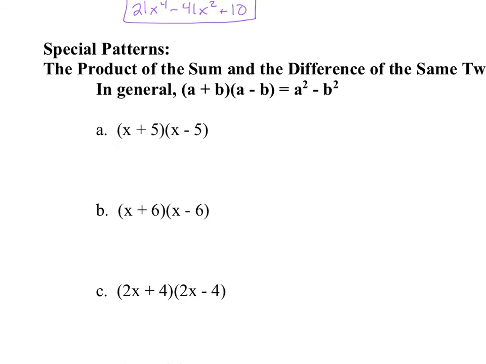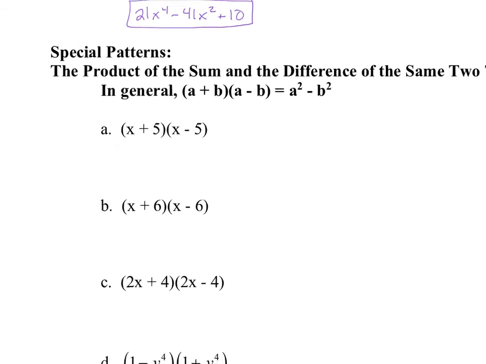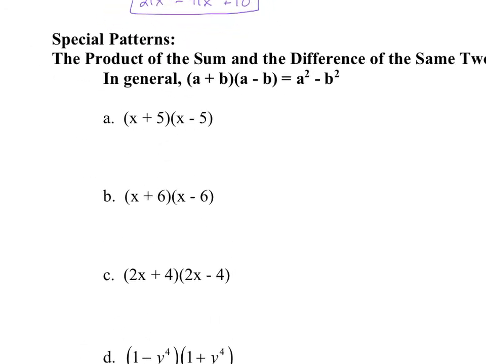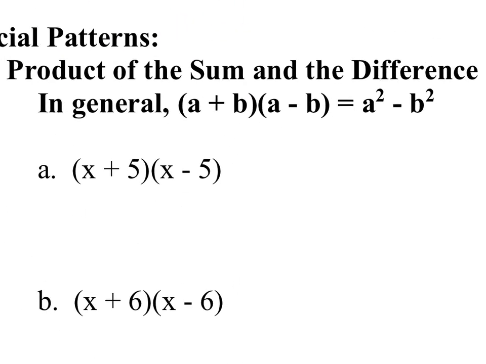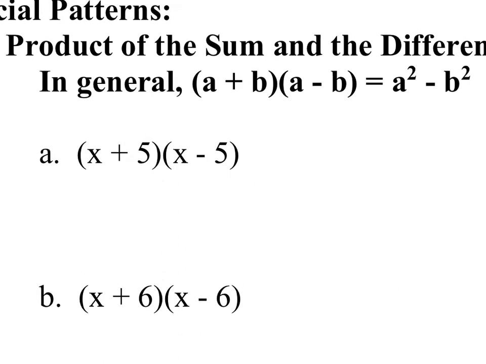Okay, special patterns. The product of the sum and the difference of the same two terms. Okay, so notice these are what we call conjugates. Conjugate means you have the same first term, the same last term with a change of sign.